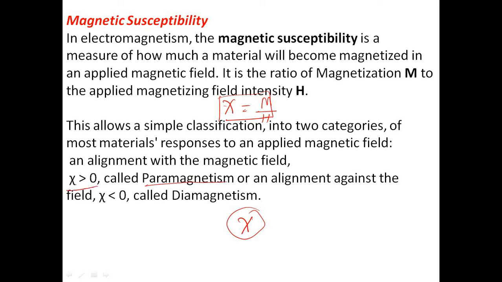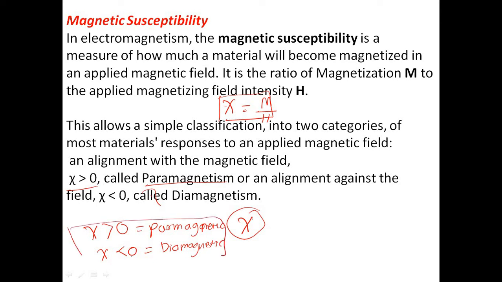This is the condition for paramagnetism: if your susceptibility is positive, then the material is paramagnetic, and if it is negative, it will be diamagnetic. So we can easily classify materials into paramagnetic and diamagnetic materials using this concept. That's why this concept is very important. Thank you so much.